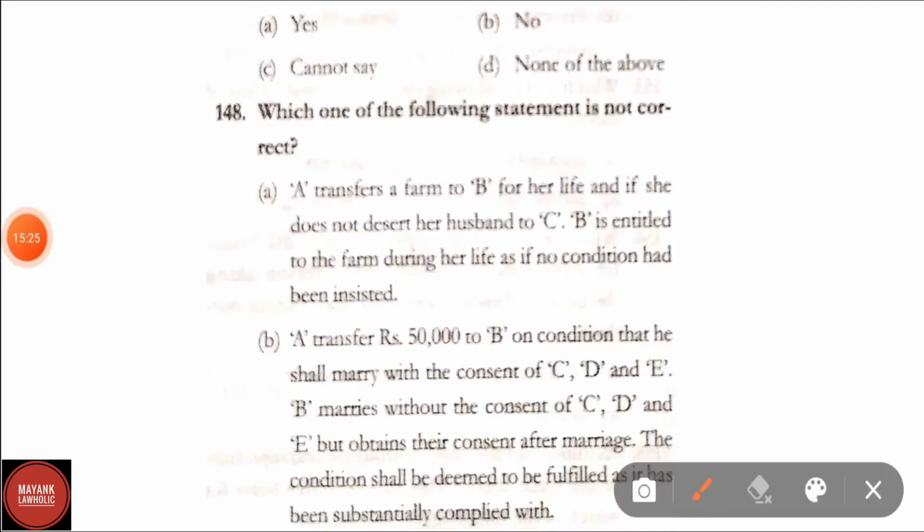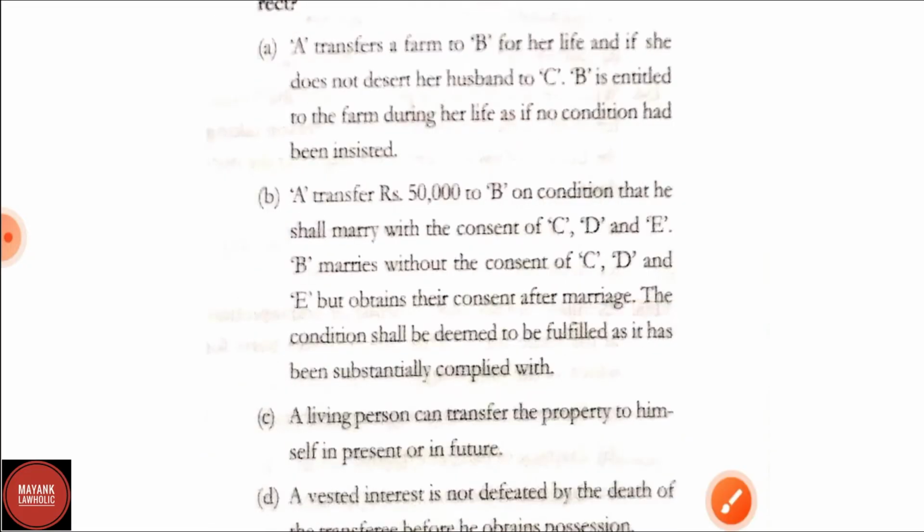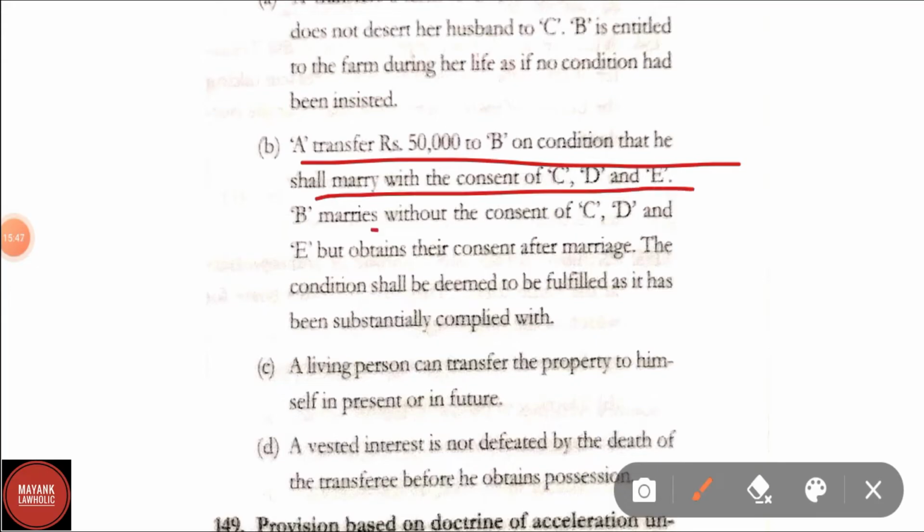Question number 148. Which one of the following statements is not correct? Options are: A transfers a farm to B for her life and if she does not desert her husband to C. B is entitled to the farm during her life as if no condition had been insisted. Option B. A transfers rupees 50,000 to B on a condition that he shall marry with the consent of C, D and E. B marries without the consent of C, D and E but obtains their consent after marriage.